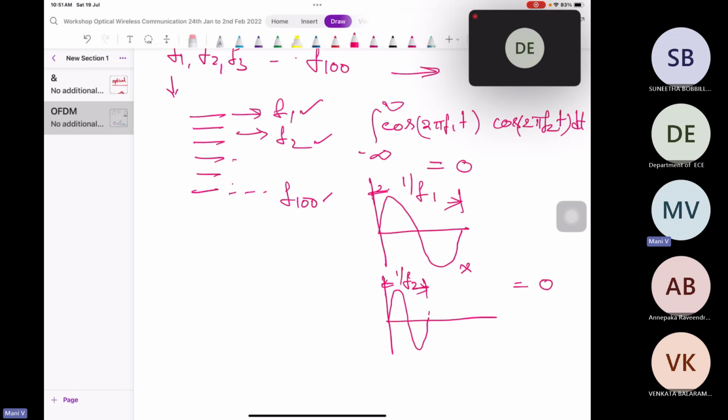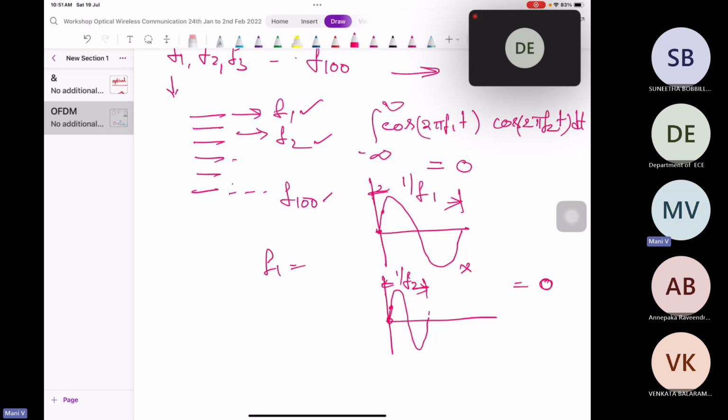Why is it 0? If you look at it, this is some value, this is 0, and when it is going up, maybe this is somewhere else. So the total area, when you combine them, goes to a 0 value. Actually, we have to use the cos A cos B formula, and find the condition on F1 and F2, the relation between F1 and F2, such that the cos product becomes 0.